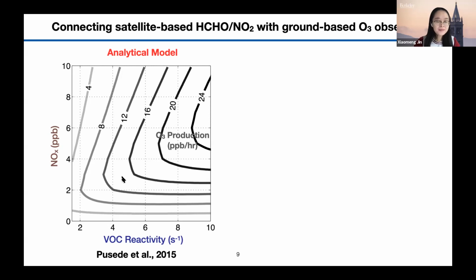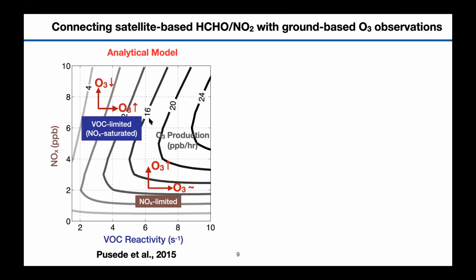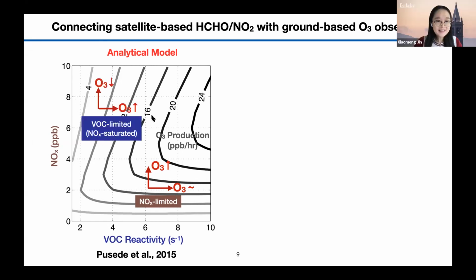In general, when NOx is low and ozone production is limited by NOx, when we increase NOx, we can see that the ozone production also increases, but an increase of VOCs has almost no effect on ozone production. As we further increase NOx, when we reach this area, the VOC-limited regime, we can see that an increase of VOC activities leads to an increase of ozone, but an increase of NOx actually leads to a decrease of ozone.